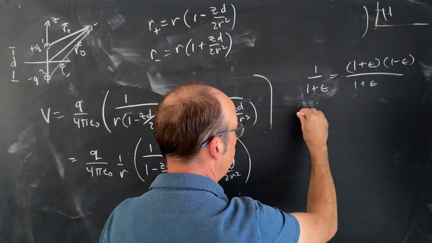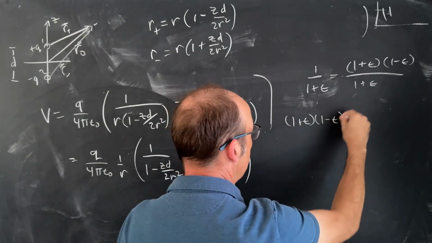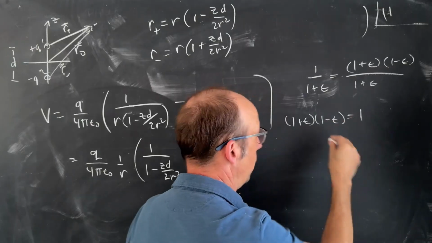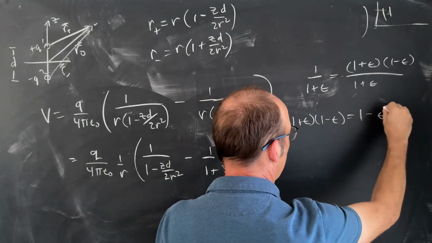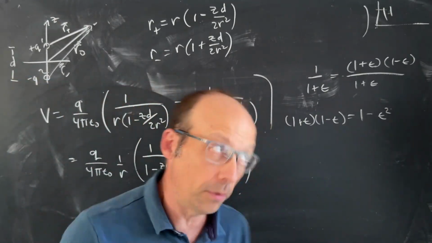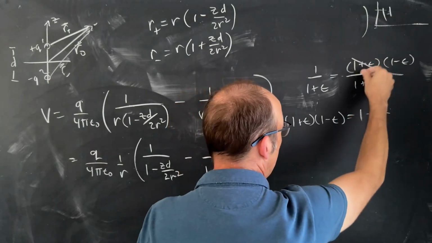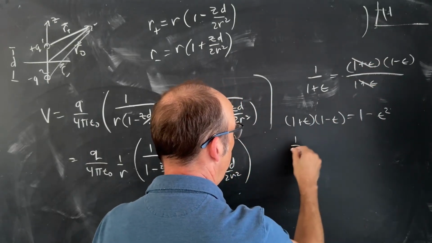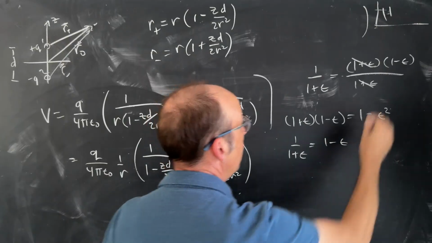If I do this, 1 plus epsilon times 1 minus epsilon is going to be 1 squared, which is 1, and then minus epsilon squared. Once you square a super small term, it's super duper small. So that cancels, and I can write 1 over 1 plus epsilon as 1 minus epsilon. Trick.